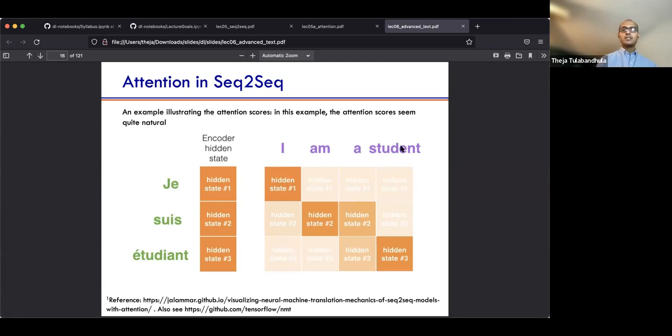And decoding the fourth word, the third word was useful. So you can do a diagnostic like this on some example sentences, to get a feel for whether attention is working or not. And empirically, it was seen that adding this attention mechanism to a vanilla encoder decoder architecture did help. That's why we're looking at this.